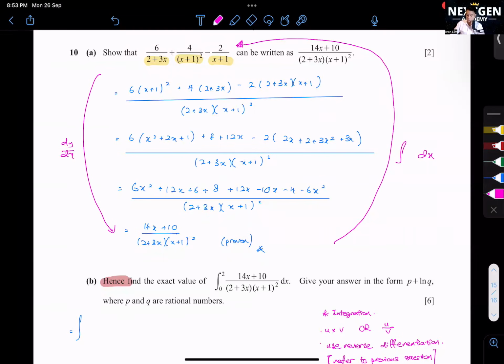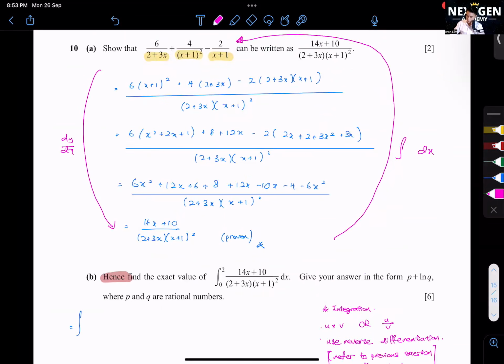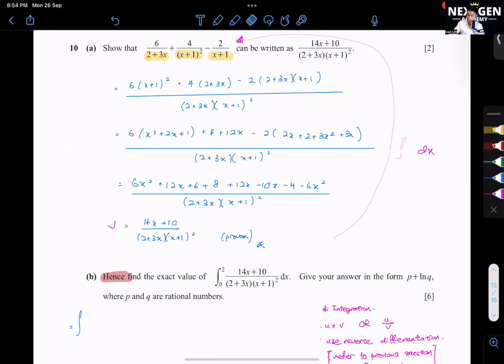So I'm just doing the reverse differentiation. Therefore, I should... No, this one is not. Sorry, I explained wrong. Whatever I just said, scrap it first. No, it's correct. Maybe not, sorry, not this reverse differentiation part.